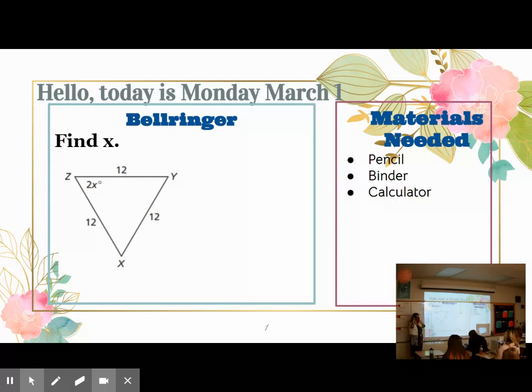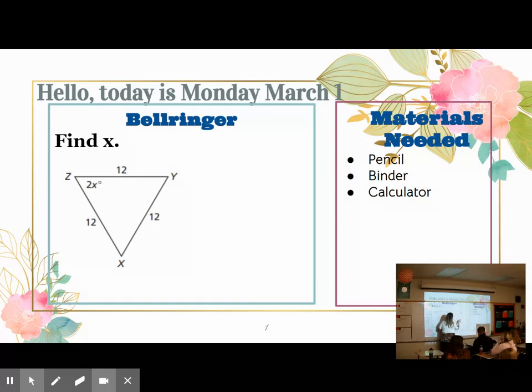Okay, perfect. What questions do you have for me on the bell ringer? Did y'all turn in your bell ringer sheet Friday? No. Okay, I need you to get that out. Make sure your name is on it. Before you turn it in, make sure you have Friday's bell ringer correct. It looked like this.